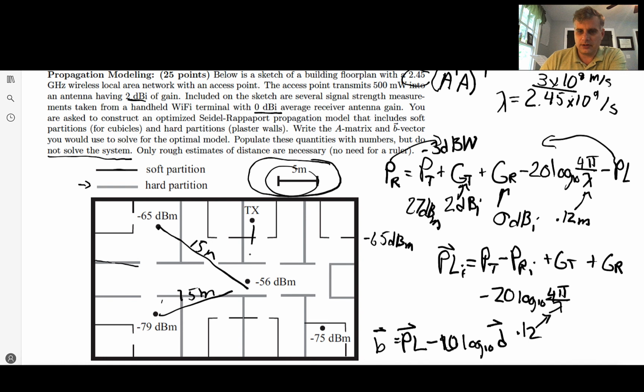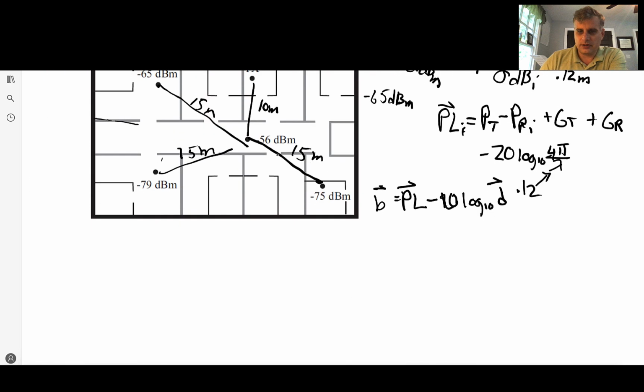There's about 2 of those units. I'm going to call that 10 meters. And this is probably also 15 meters. So basically, my D vector is going to be, if I call this 1, 2, 3, 4, it'll be 15, 10, 15, 15 meters.